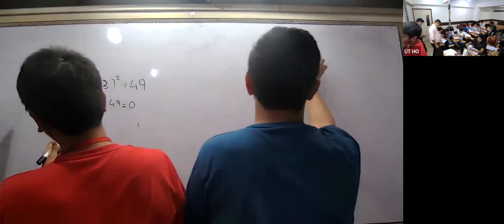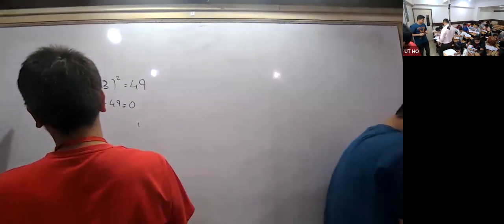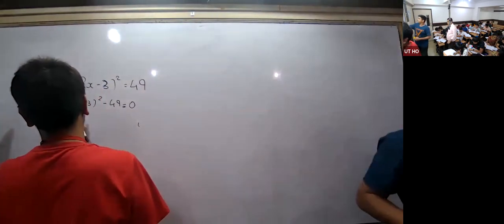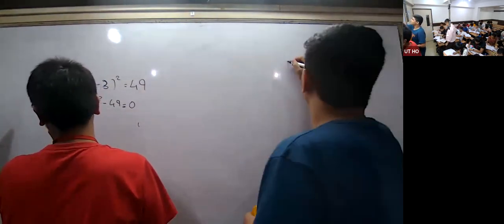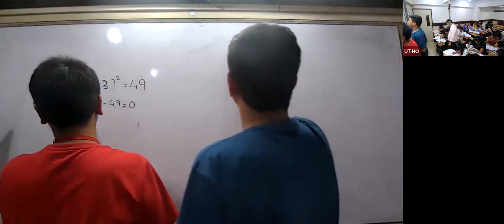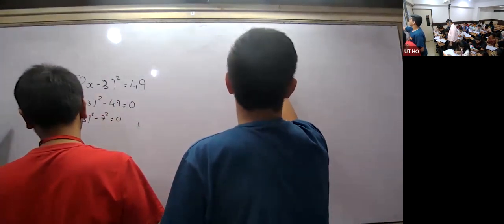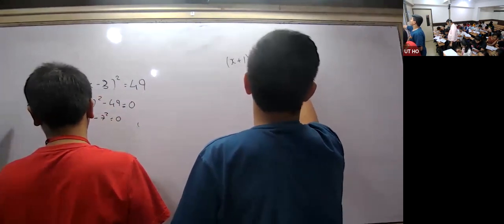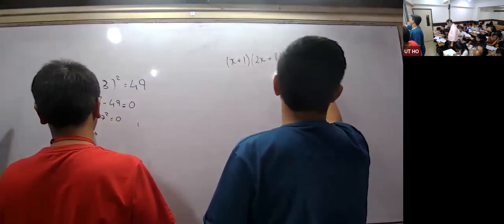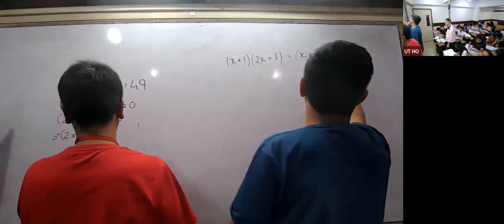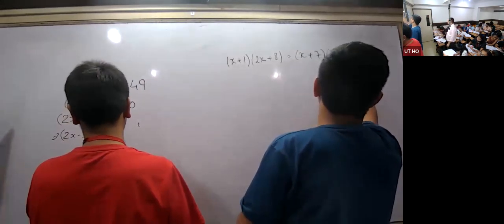Right, x plus 1. X plus 1 times 2x plus 8 is equal to x plus 1 times x plus. Okay.